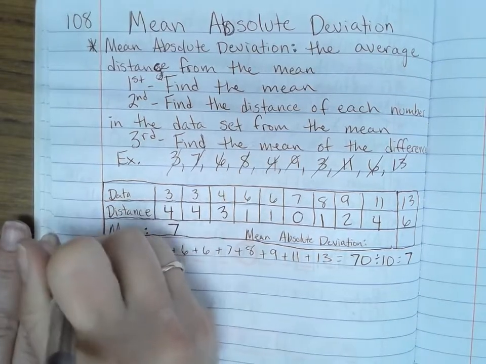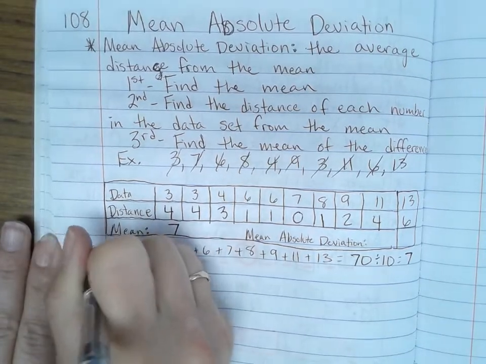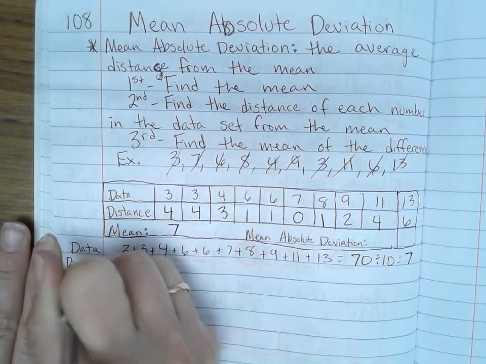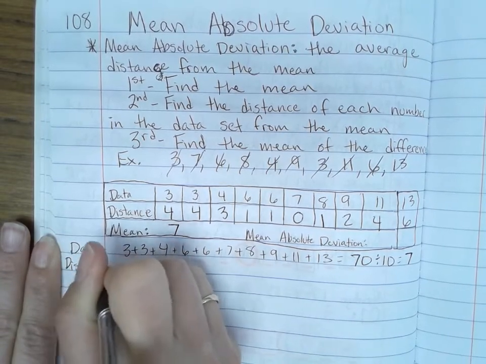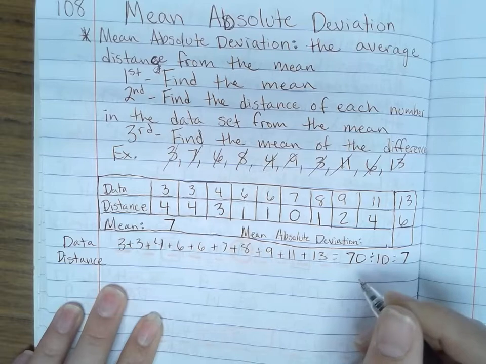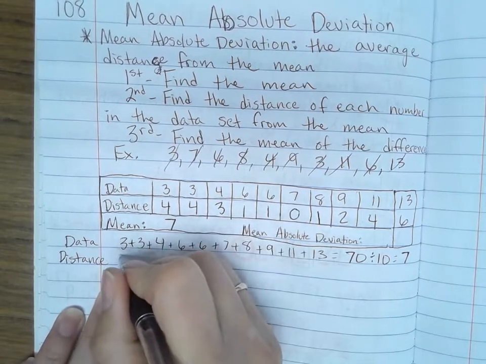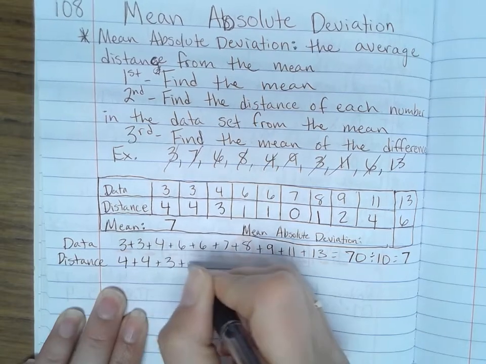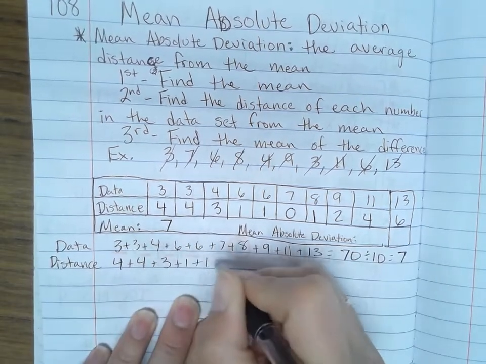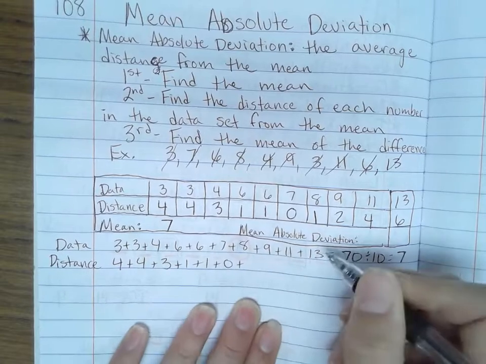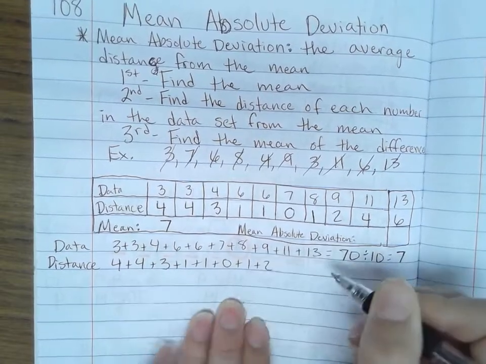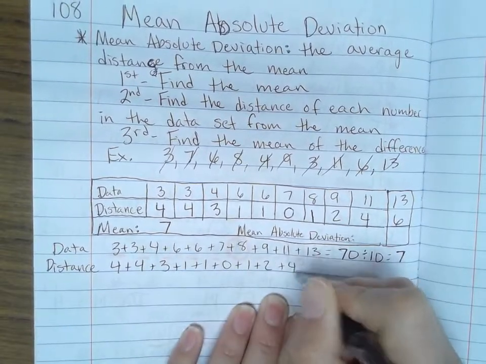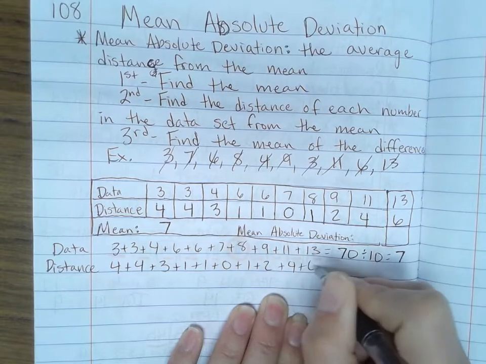So this right here was the data. Now this is the distance. We have to find the mean of the distances. So we're going to add up our distances. So we have 4 plus 4 plus 3 plus 1 plus 1 plus 0 plus 1 plus 2 plus 4 plus 6.